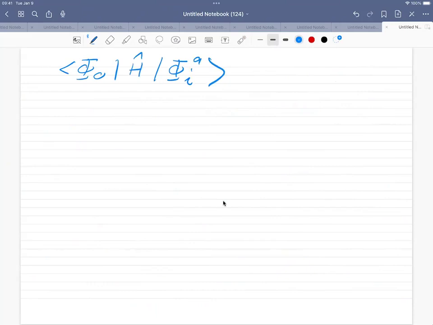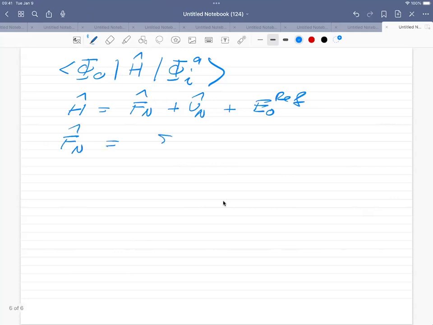And when we looked at the Hamiltonian, we had rewritten it in terms of these two terms plus the reference energy. Let me quickly remind you of these quantities. F_N is simply given by the one-body operators, with an integral over p with an operator F and q here.